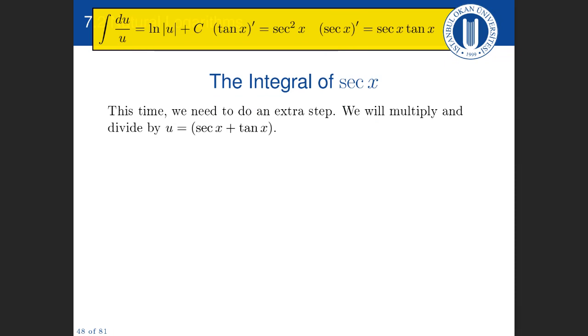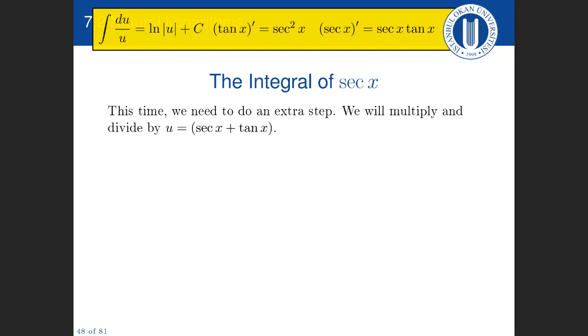The next one's a little bit more difficult. I want to calculate the integral of sec x, and again I want to use the formula that the integral of du over u is ln absolute value of u plus c, but we need to do an extra step first. We're going to multiply and divide by sec x plus tan x, which I'm calling u.